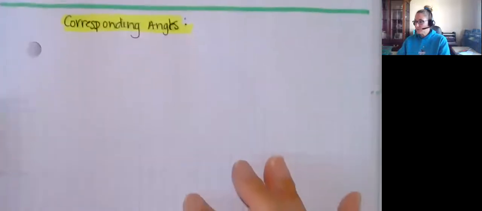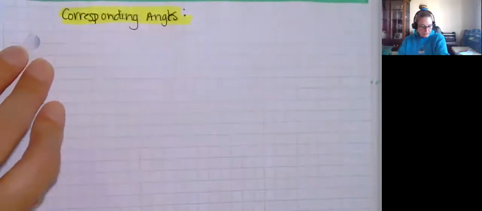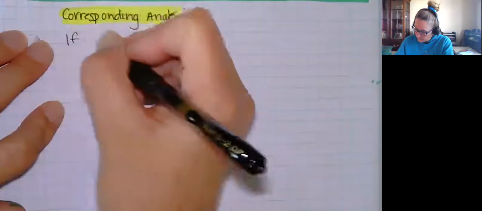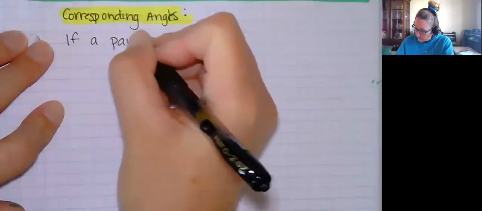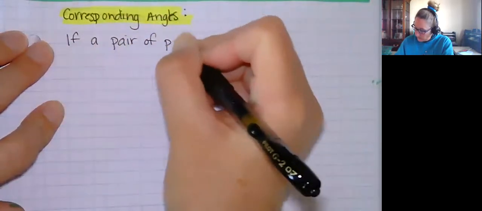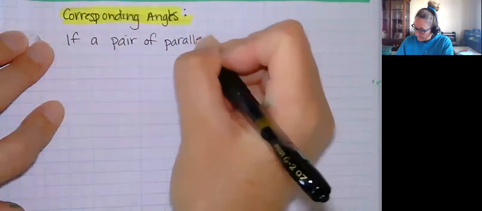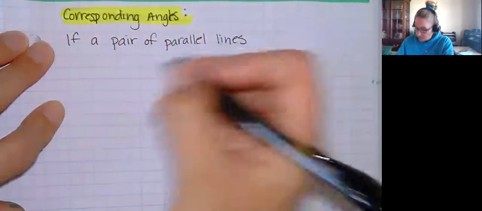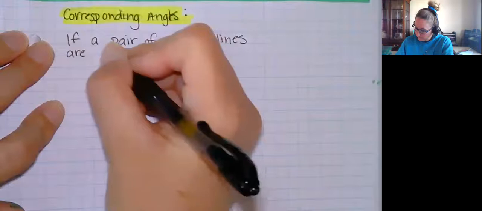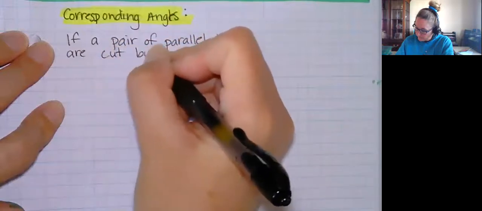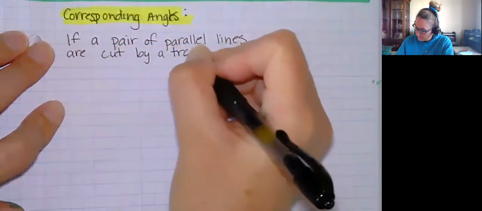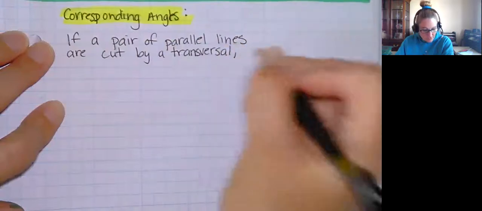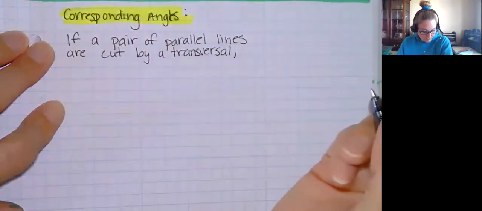So if a pair of parallel lines are cut by a transversal, then corresponding angles are congruent.